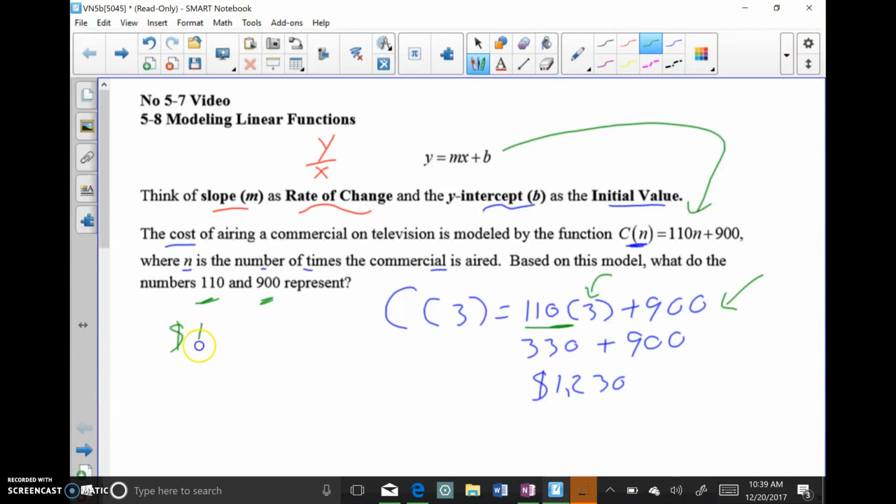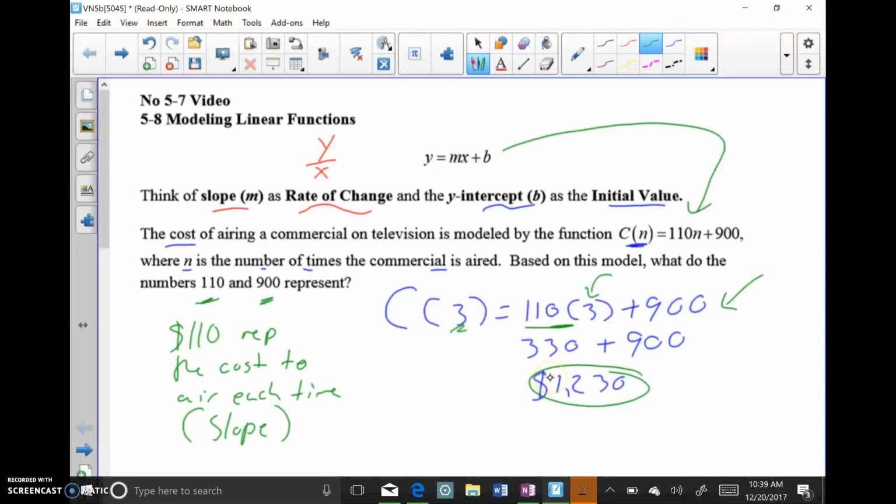So let me say that 110 represents the cost to air each time. And in the context of this problem, this is the slope. Because if I wanted, instead of 3 times, to air it 4 times, I would just take this and add 110 to it.